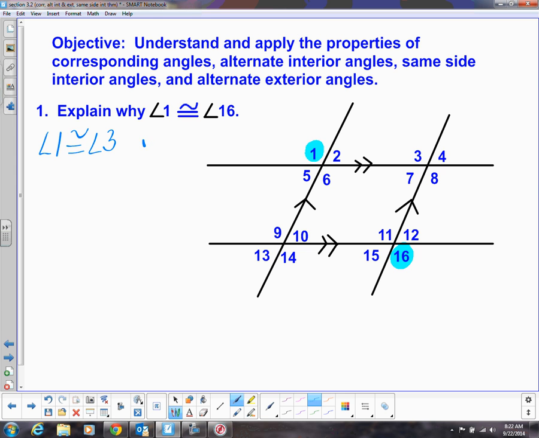Why? What kind of angles are those? Okay, 3 is inside the pair. Do they form an F?